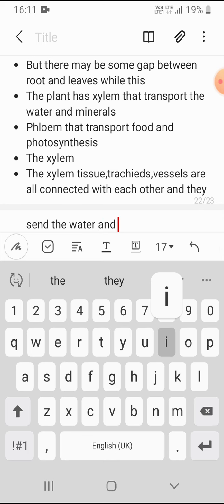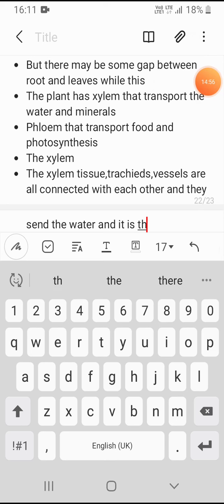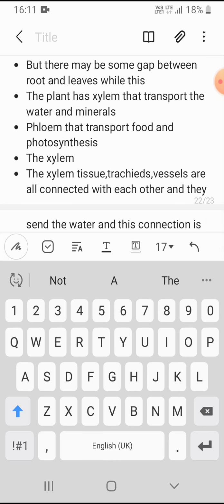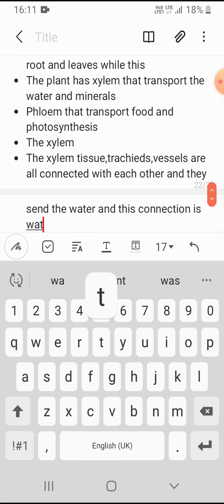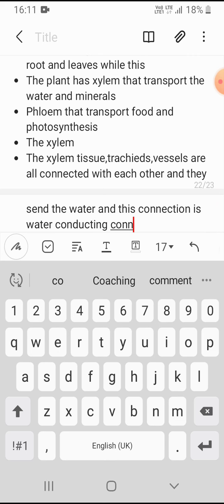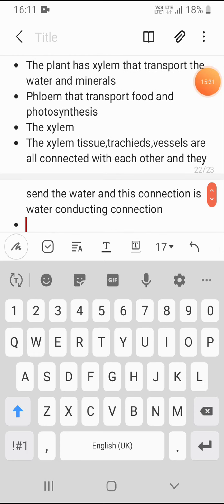It is a water conducting tissue. This connection between the xylem tissue tracheids and vessels sends the water, so that they can conduct the water.